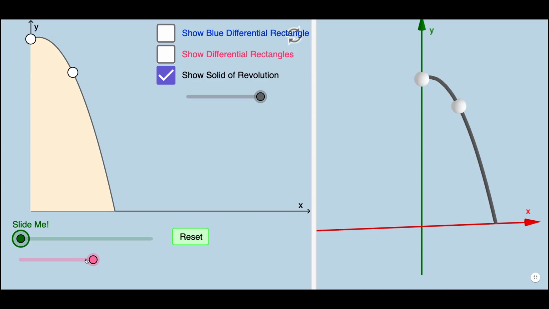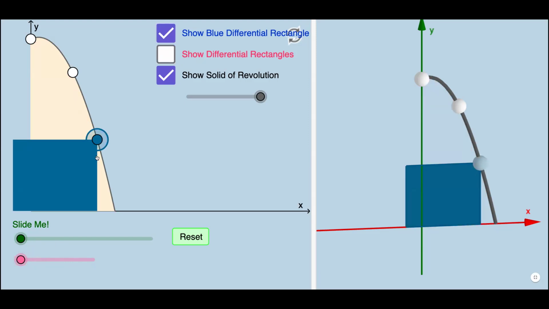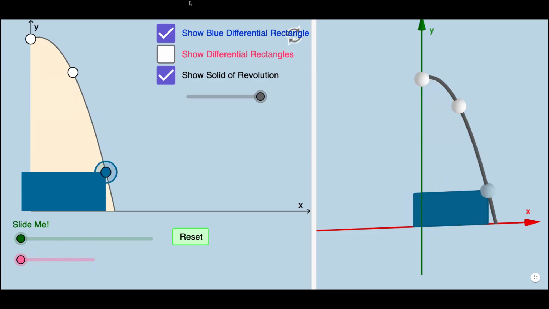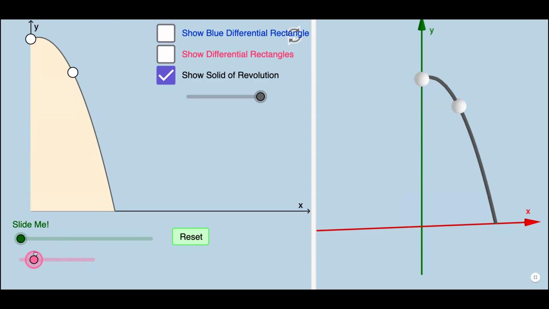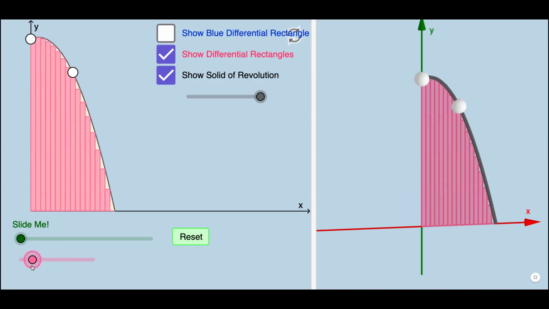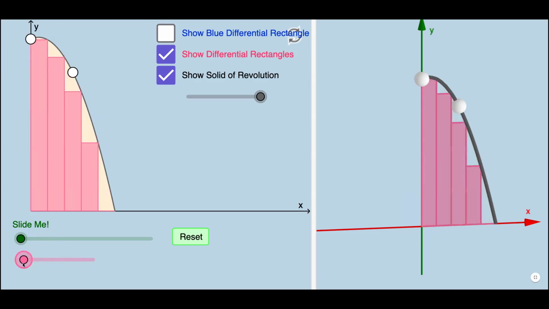So let me see if I can. Yeah, but I don't want. Which one do I want? This is not. Let's see, there are too many of these. Okay, that looks better. So you break this region into rectangles, right? Because rectangles are easier to understand. So just imagine what happens as you start rotating the rectangles.